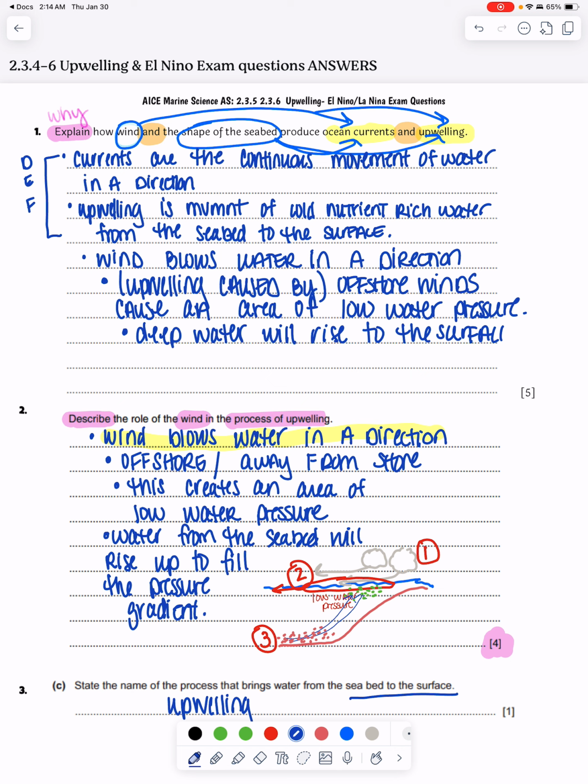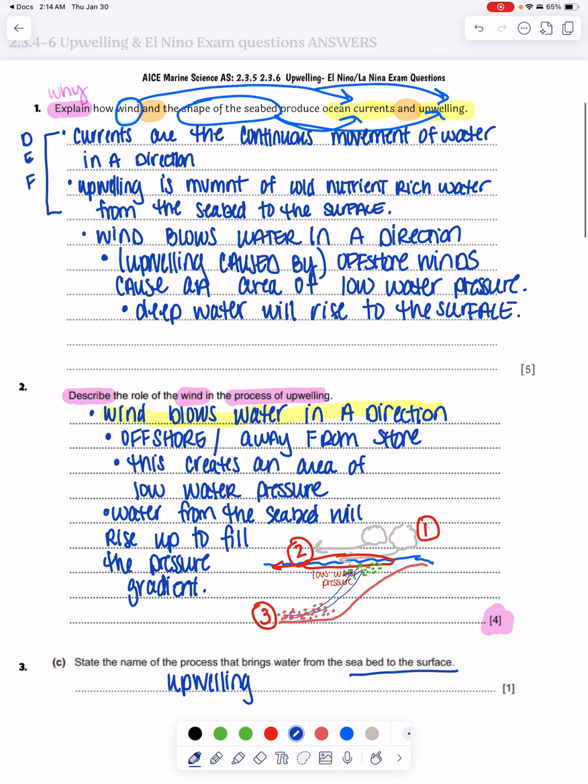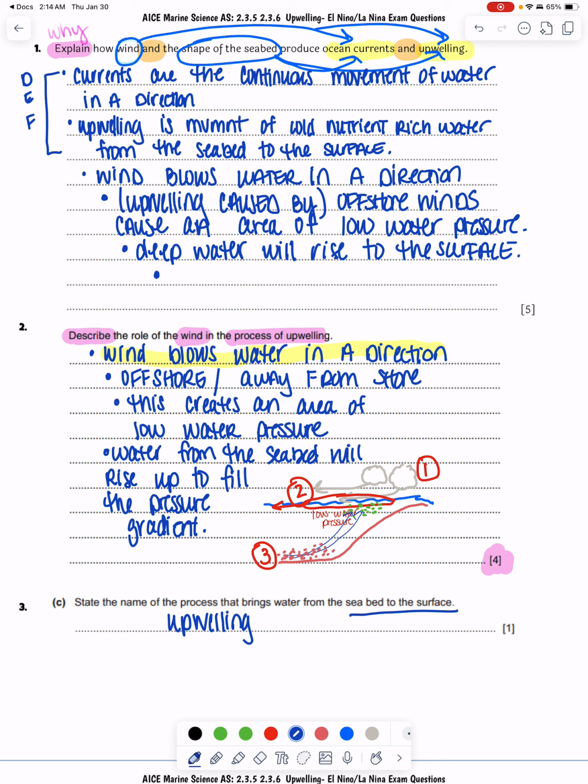Again, it doesn't have to be this exact sentence. And then if you hadn't stated it yet, then we can say it now. This results in upwelling.